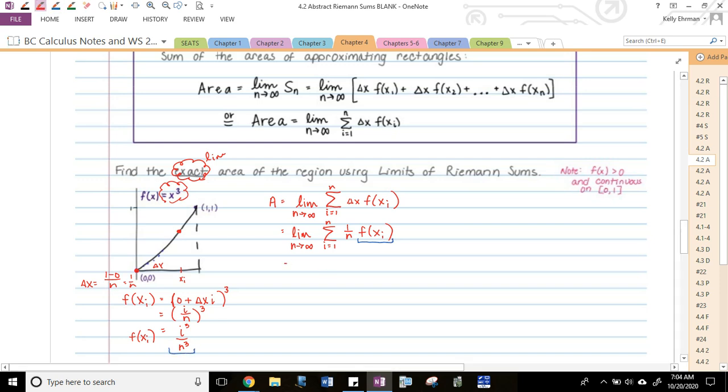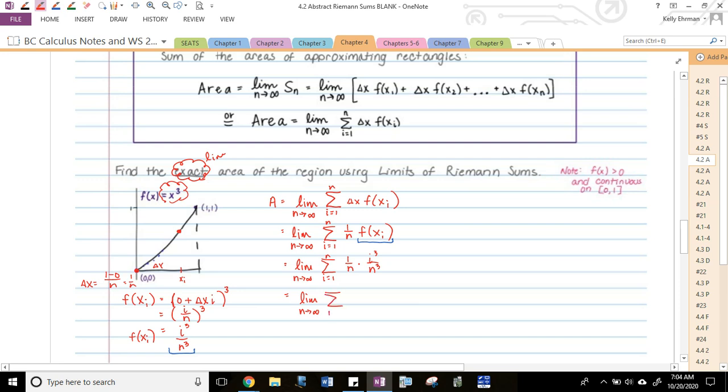So I can say limit as n approaches infinity of the sum from 1 to n of 1 over n times i to the third over n to the third. And that can clean up. We can multiply these n's. The limit as n approaches infinity.